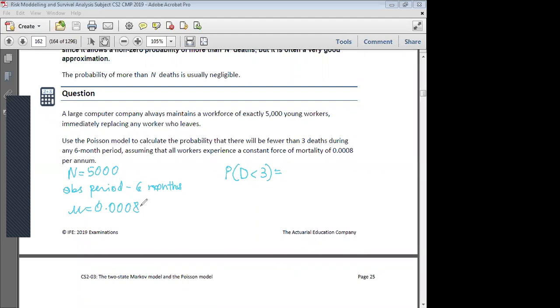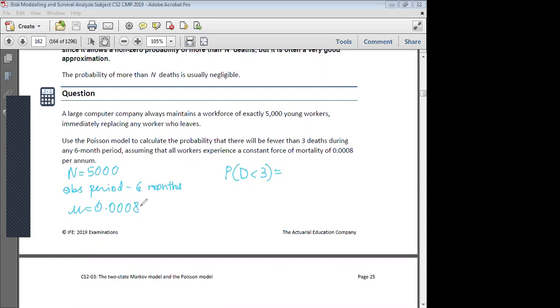So I want you guys to read the second paragraph once again. Mihir, can you read the second paragraph once again for all of us? Yes, ma'am. Using the Poisson model to calculate the probability that there will be fewer than 3 deaths during any 6-month period, assuming that all workers experience a constant force of mortality of 0.008 per annum. Okay, and what is my observation period?